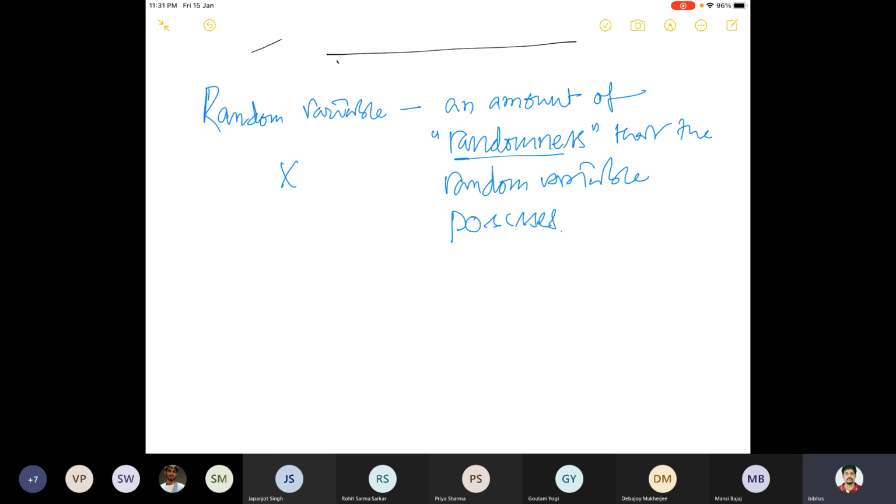So it is fair to call it that; randomness means uncertainty.